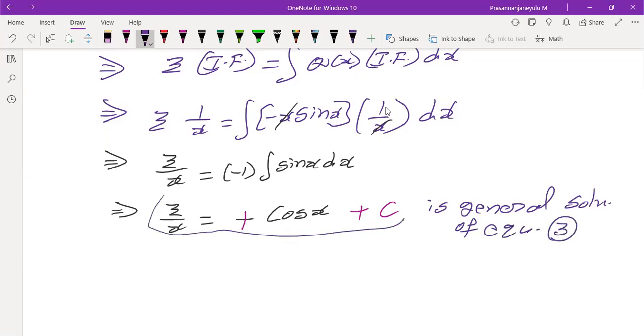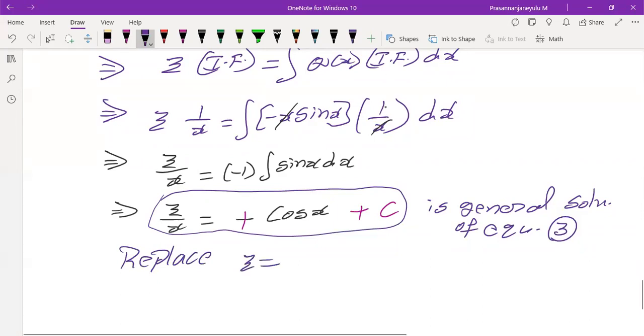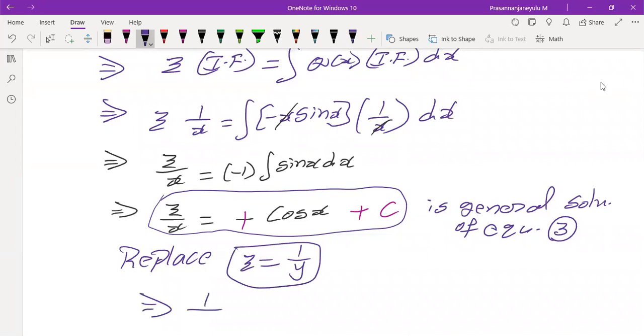How to get the general solution of equation 1? Replace z. What did we substitute? Z equals to 1 by y. Then we'll get 1 by x into z, and z is nothing but 1 by y.